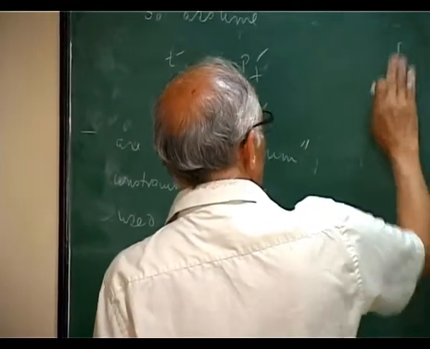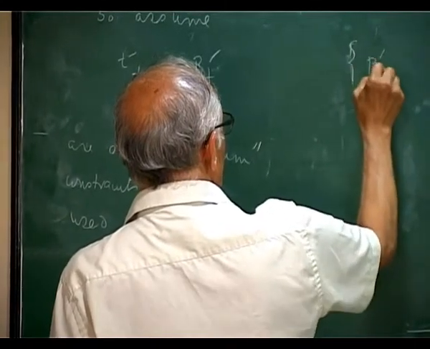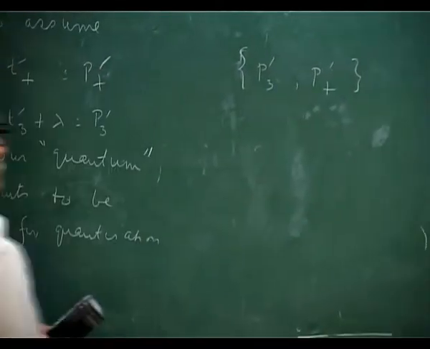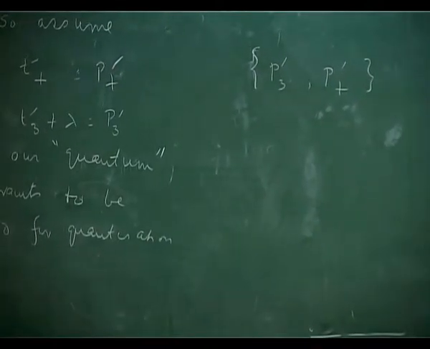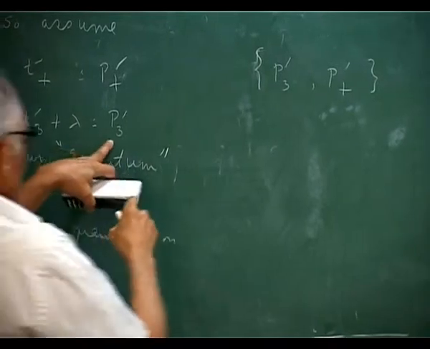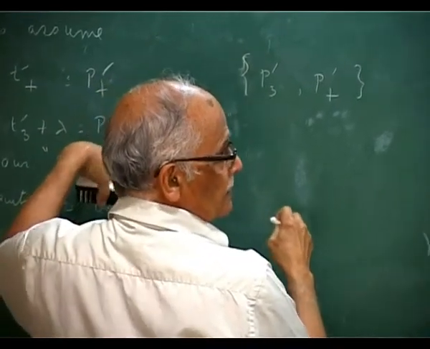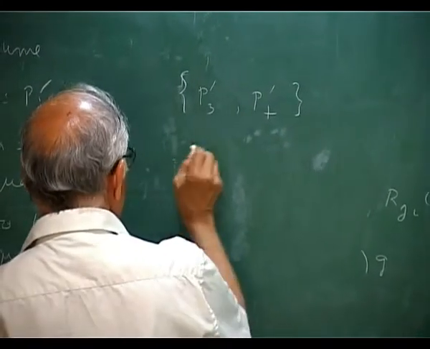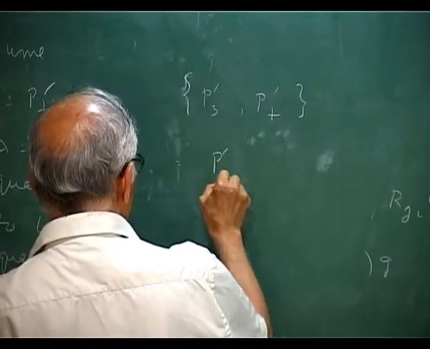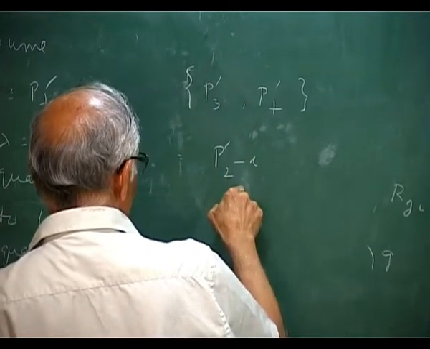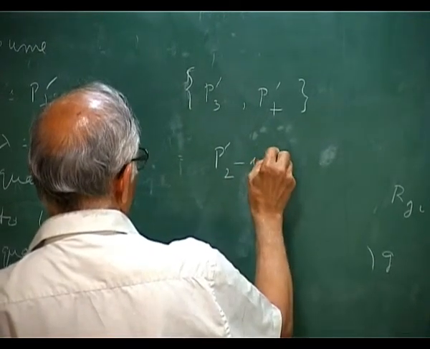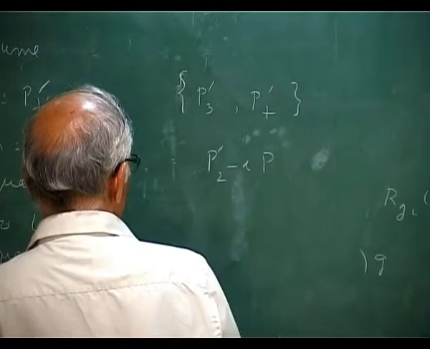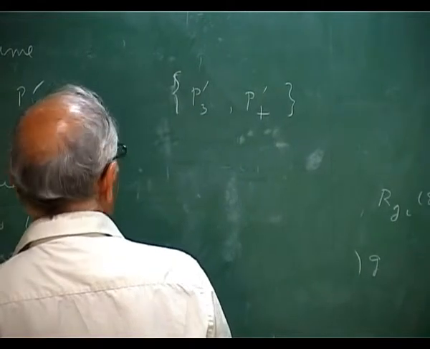Then P prime 3 with P prime plus. This is going by the Poisson brackets. T prime 3 with 1, right? 3 with 1 is 2. Is P prime 2 minus I think. Let me get the signs right. I want to get back P prime plus.